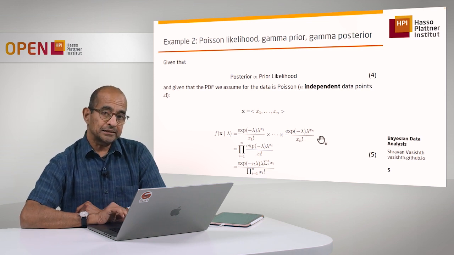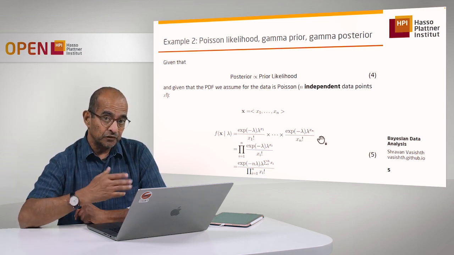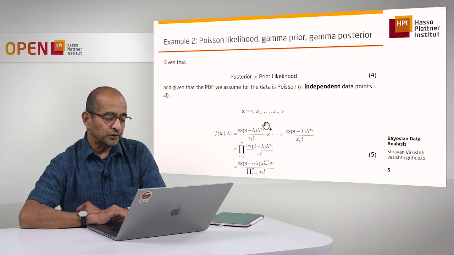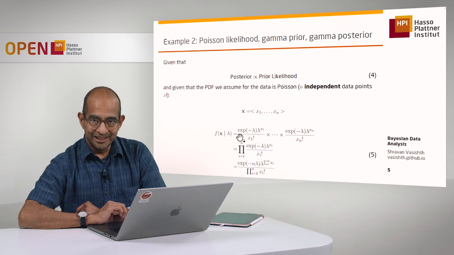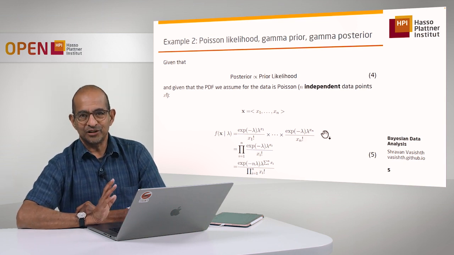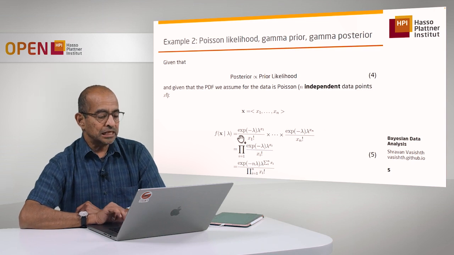Why can I multiply these out? Because they are independent values. So for each of the n data points, I can figure out its probability. I'm just calculating the joint probability of all these data points, and that's what I've done here.